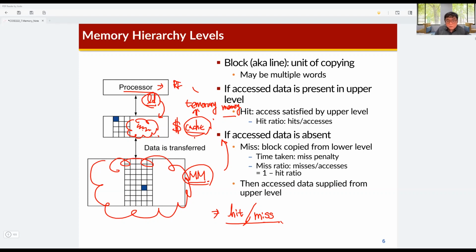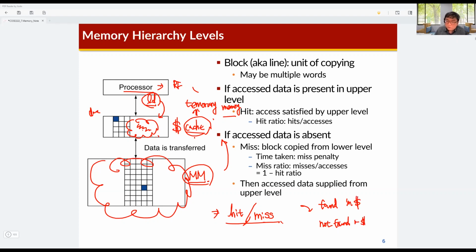But we know the entire data is in the main memory. So the question is whether the data requested by this processor can be found in the cache or not. Understand? Because the cache has only part of the data, the requested data can be found or not found in the cache.